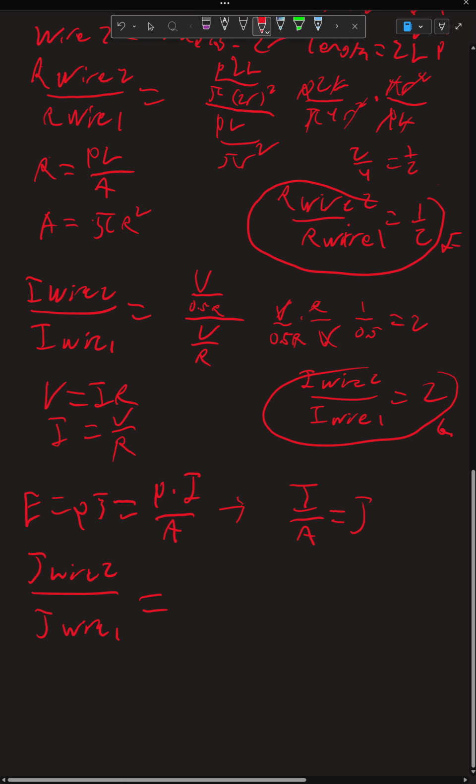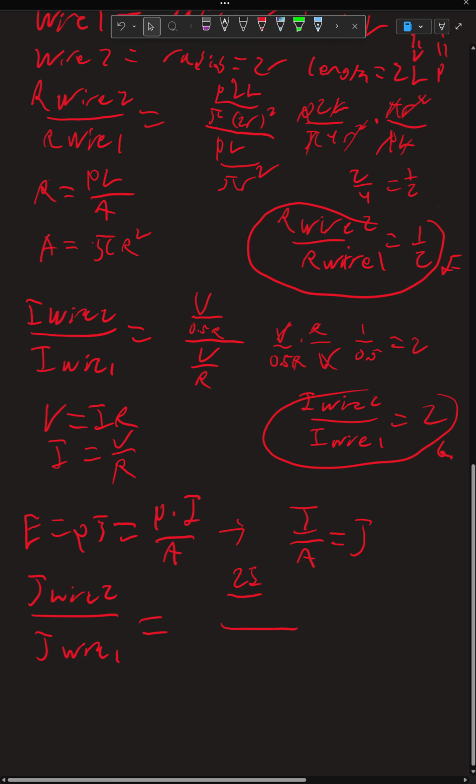The current is 2 for wire 2, so 2 times versus wire 1. So it's going to be 2I over the area.